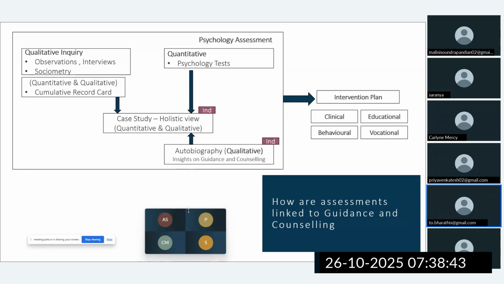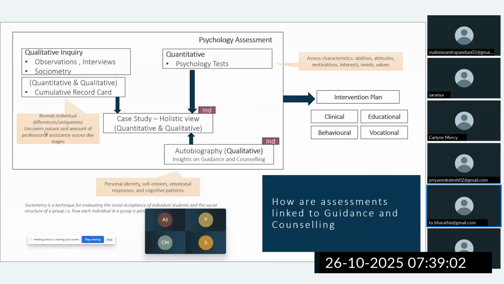All put together, a counselor can also use a case study as a method to gain a holistic view. For that, one more tool is an autobiography, which is a guided one, where we give prompts and it helps people, right? That's how it is. So what are these tools going to be focusing on?